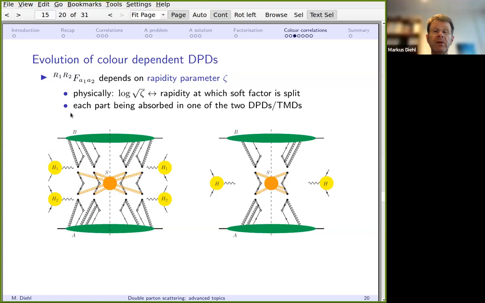And that splitting is described by rapidity, and that rapidity is just related to the log of this parameter, which is conventionally defined to have a mass dimension. So in a sense, this just tells you where you put the soft gluon exchange to assign it to one or the other of the two distributions.